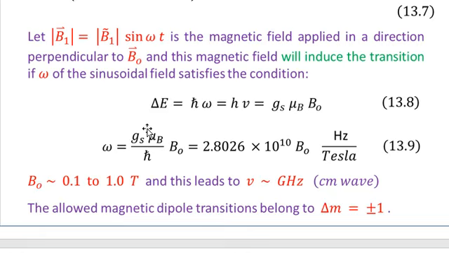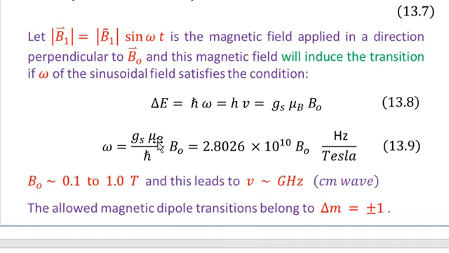This Gs μB over h bar may be called the gyromagnetic ratio gamma. And since this is the pure spin magnetism case, it can be represented as gamma s, the spin gyromagnetic ratio.